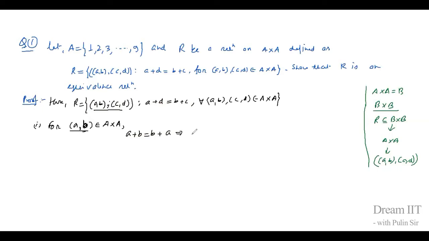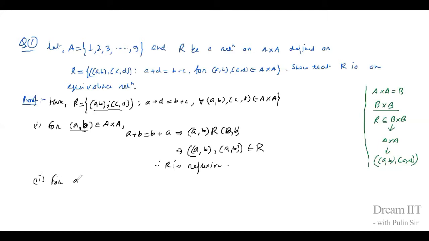This will tell you (a, b) is related to (a, b). So ((a, b), (a, b)) belongs to R. Therefore, R is reflexive.